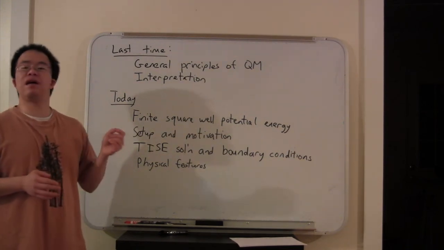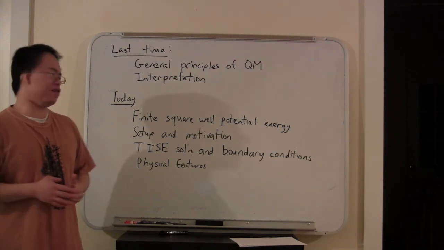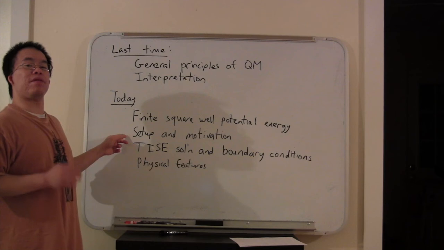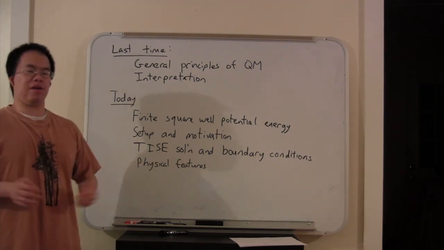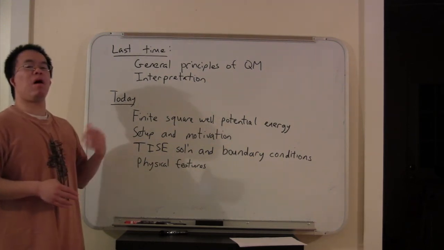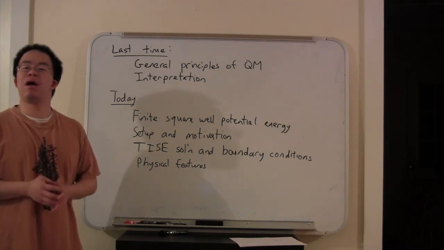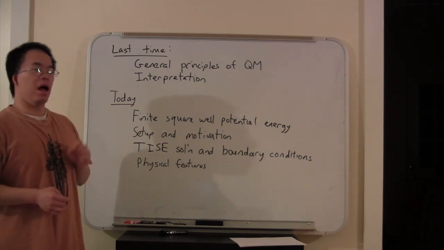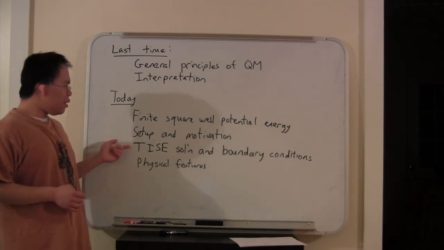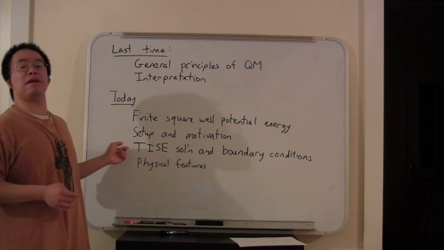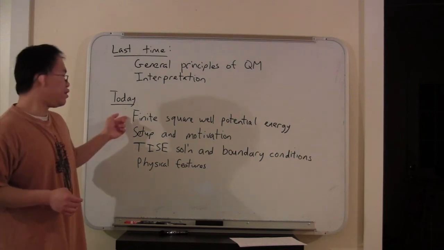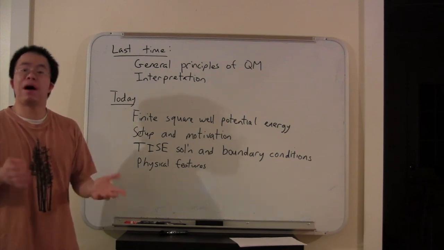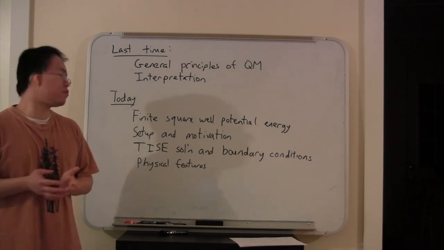We're going to start talking about a different potential energy, the finite square well. I'll talk a little bit about the physical setup that we're going to analyze, and a little bit about why this might be an interesting or worthwhile problem to study with some real-world applications. I'll talk through the general solution of the time-independent Schrodinger equation for this potential energy, and what boundary conditions one needs to apply.